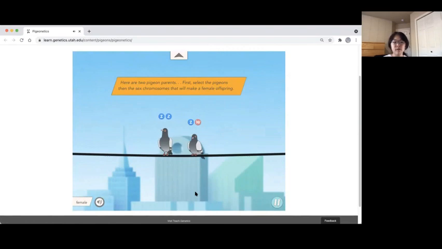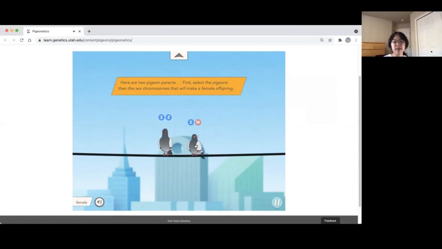Alright, so this is our first puzzle. I will do this by myself just so you can get an idea of what this simulator is like. First we have our dad pigeon, which is represented by the chromosomes ZZ, and also our mom pigeon, which is represented by ZW. So this is the male pigeon, and this is the female pigeon. Before we get started, we need to know what our goal is, and that would be to make a female pigeon.